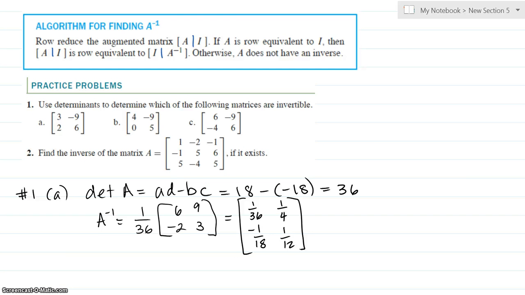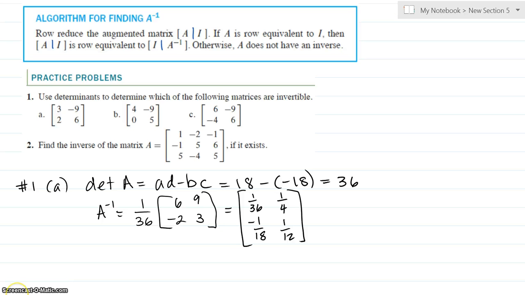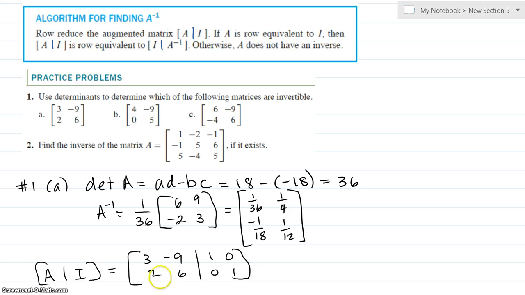So if we did this the other way, just to show that both the algorithm and the formula give the same inverse. To find A inverse, we're going to look at A slash I. You cannot switch the rows or anything until you write this.